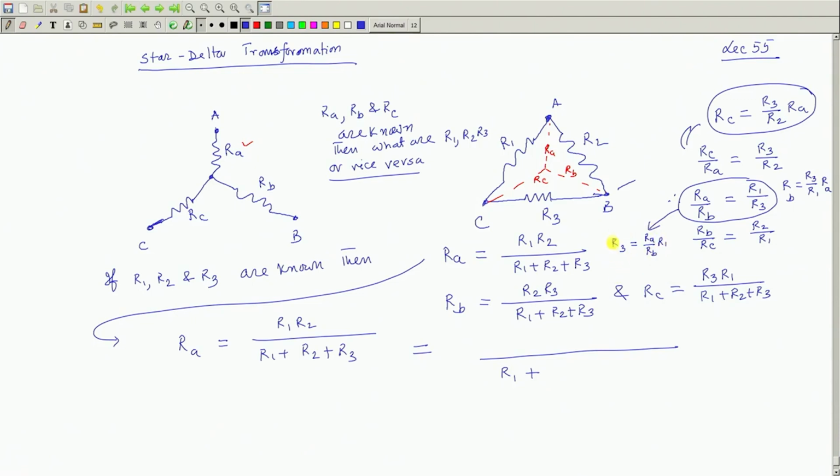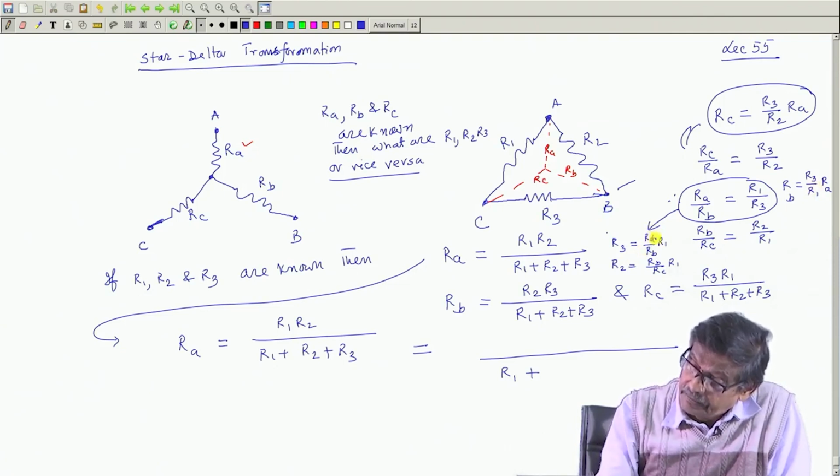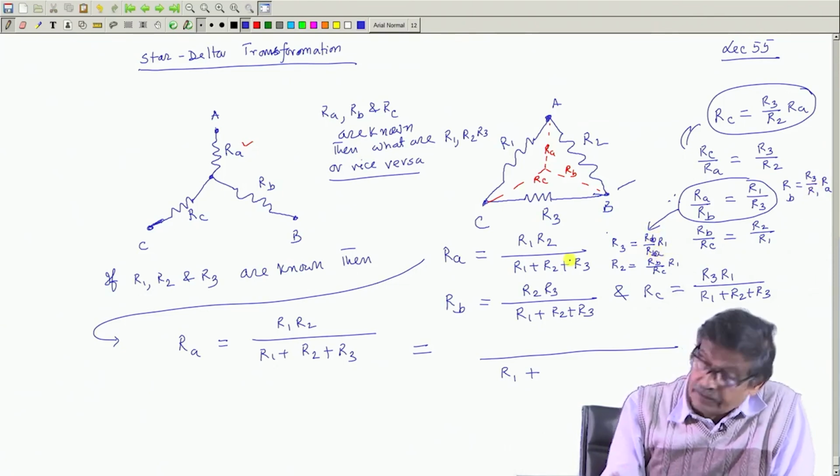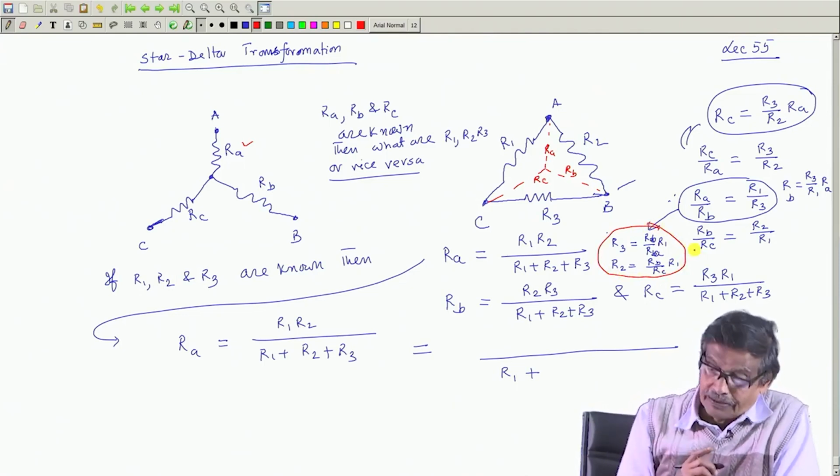Similarly, I would express R2 in terms of R1. R2 by R1 is this. So, it will be RB by RC into R1. R3 is equal to RB by RA into R1. So, these two I have expressed R3 and R2 in terms of R1.